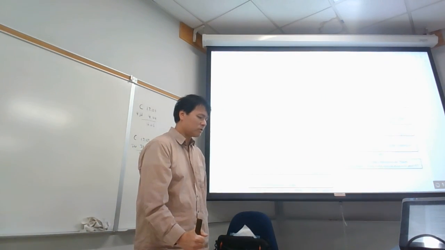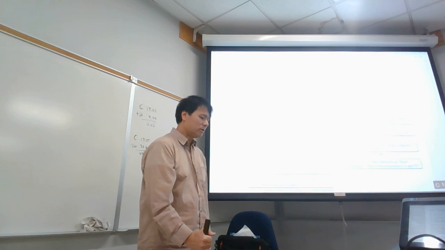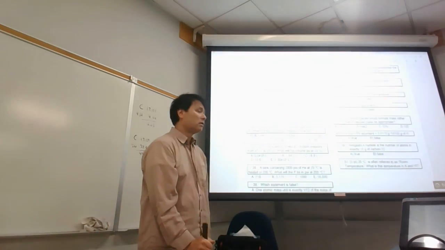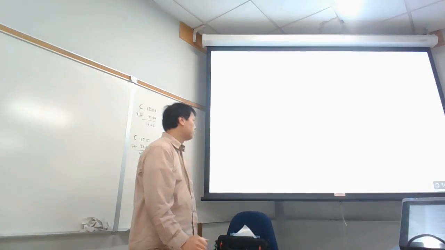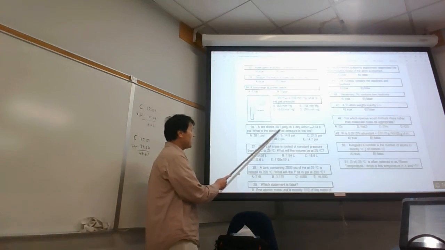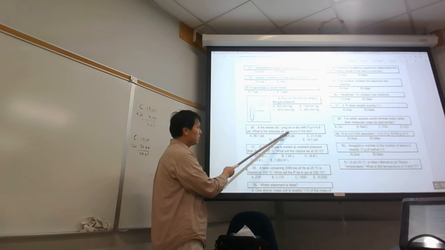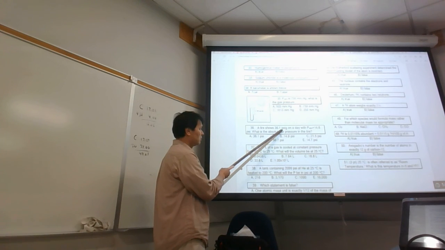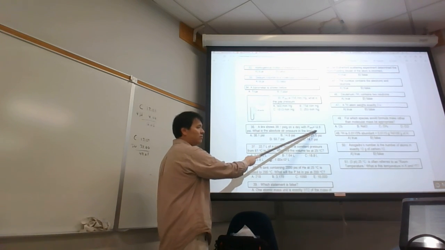The absolute temperature would be Kelvin. So what do I do to Celsius to convert it into Kelvin? Add 273. This psi is gauge pressure, which is relative. What do I do to gauge pressure to get absolute? You always add 14.6.